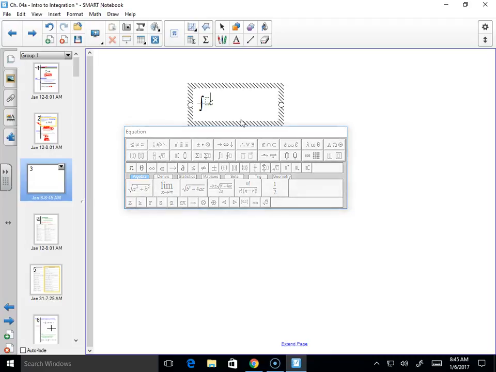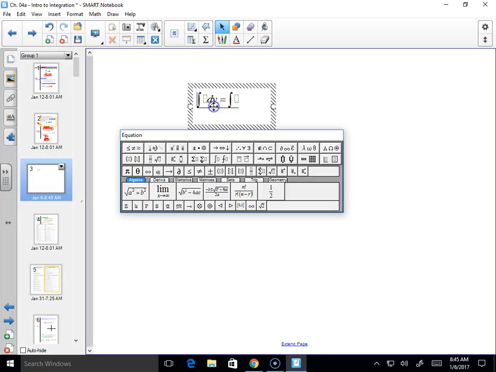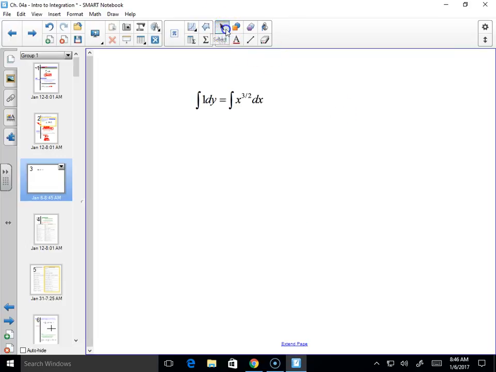What if I was to do dy equals the integral of, why is this so messy? We'll do 1 dy of x to the 3/2. What if I was to give you this one?